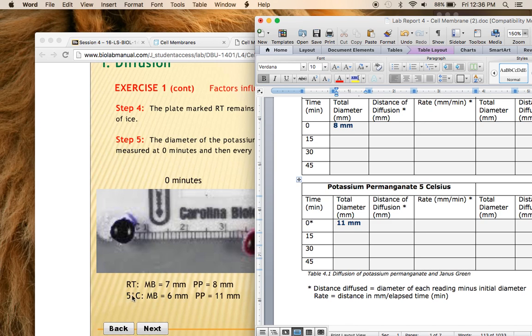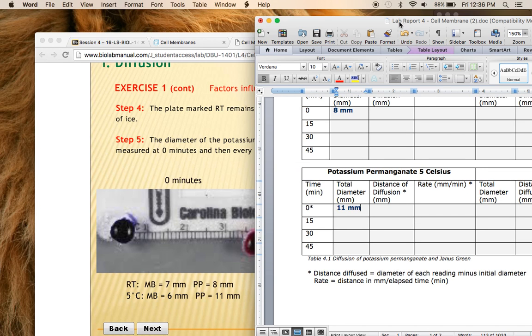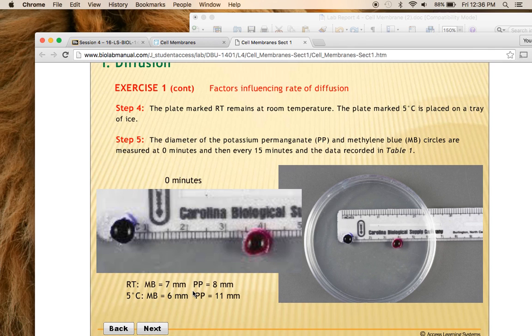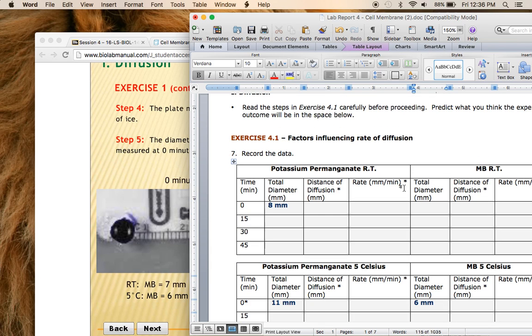At the 5 degree mark for the methylene blue, we are at 6 millimeters. And then methylene blue at room temperature, 7 millimeters right here. So total diameter, 7 millimeters. All right, so that's the first row for the chart.